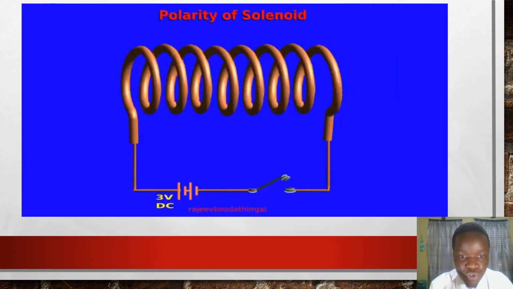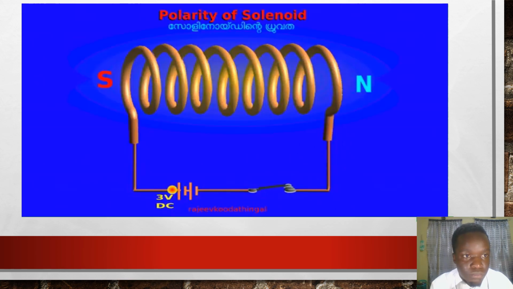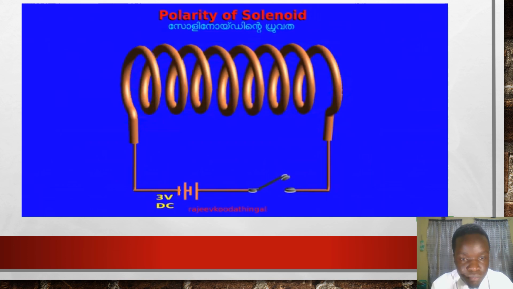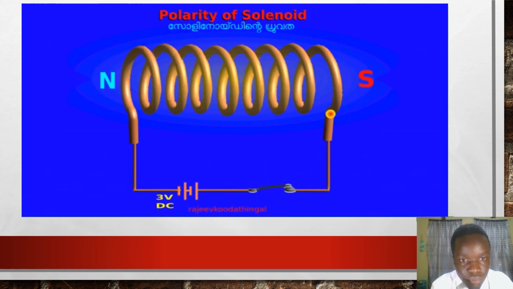In this video, we are going to see how polarities determine the direction of current. As you can see, current is moving in that direction. This is the north pole and the south pole.